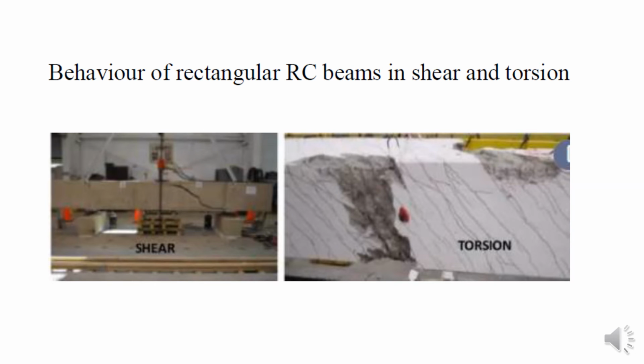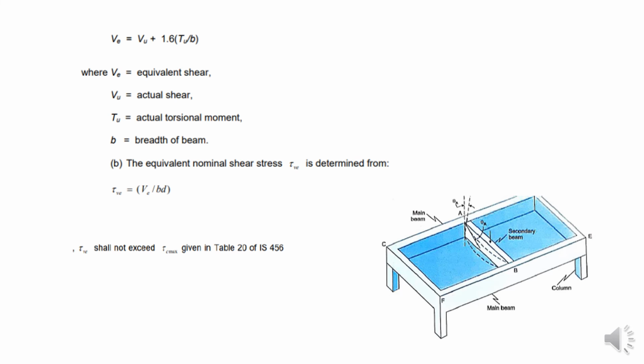The behavior of a rectangular RC beam in shear and torsion is given on page number 75 of IS 456 2000, clause 41.3. Ve is equal to Vu plus 1.6 into Tu by b, where Ve is the equivalent shear, Vu is the actual shear, Tu is the actual torsional moment, and b is the breadth of the beam.